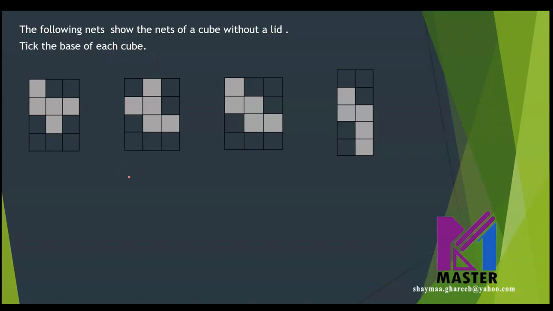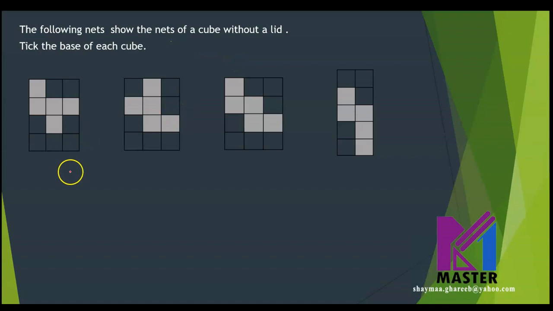How to know the base of the cube with no lid? Imagine a cube that has no lid and look at its base. The base has no opposite face because the opposite face of the base is the lid, and we said the cube has no lid.